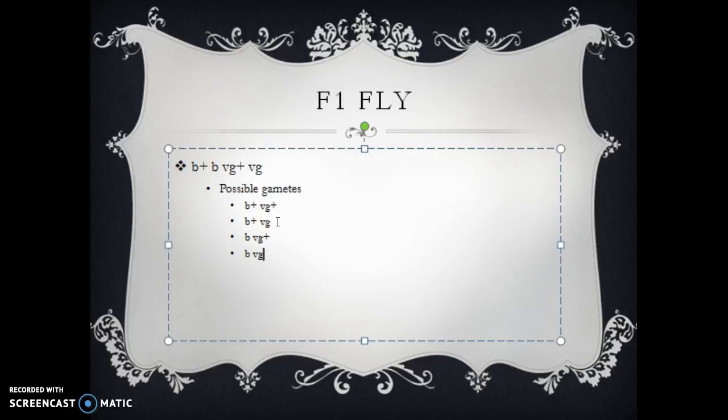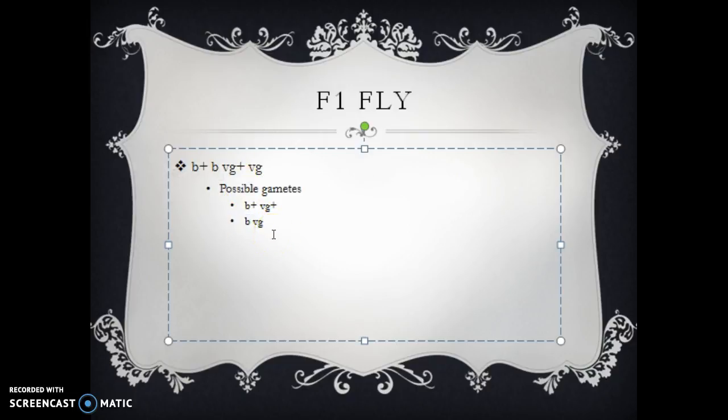So we could essentially go through and delete this one because this B plus could not link up with that VG, because the B plus is linked to the VG plus. So they're on the same chromosome, so this one could not meet up with this one. Well, that would also mean that the little b here cannot link up with the VG plus, so we can get rid of that.